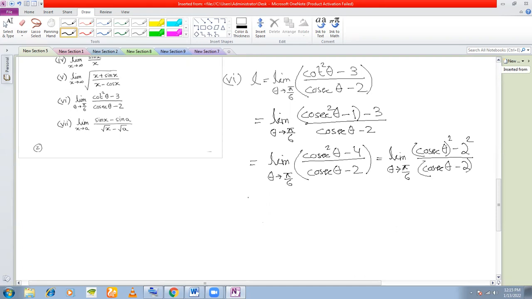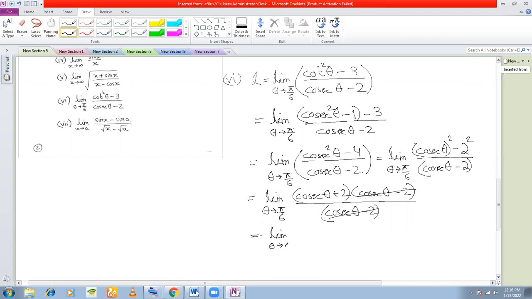Right? So now you factorize the numerator into a plus b into a minus b. So you get cosec theta plus 2 into cosec theta minus 2 divided by cosec theta minus 2. Okay. So here this will cancel. So you ultimately get only limit theta tends to pi by 6, cosec theta plus 2.